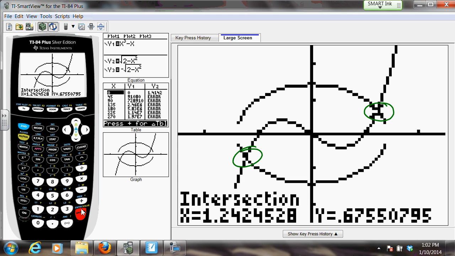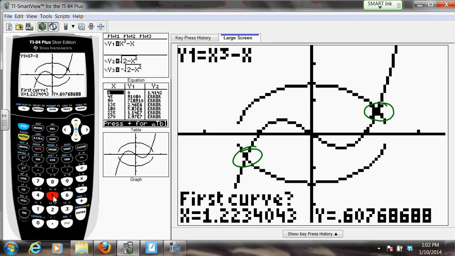So one point is 1.2 and 0.7. And then we have to do the intersection of the other one. Move that over, all the way over. Almost there.